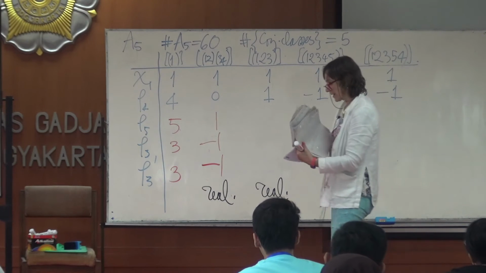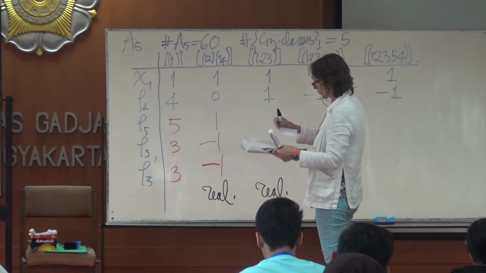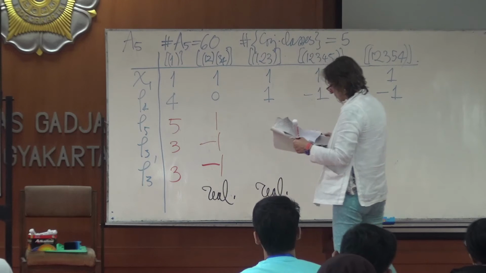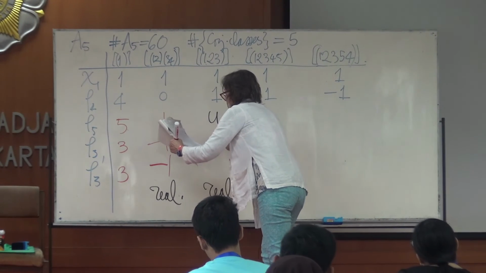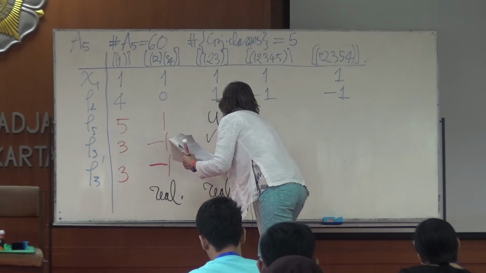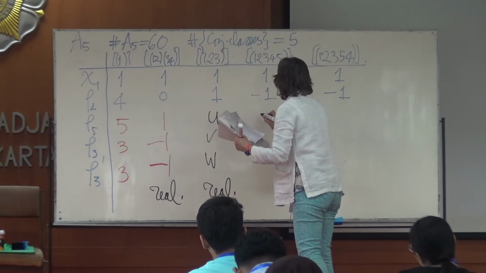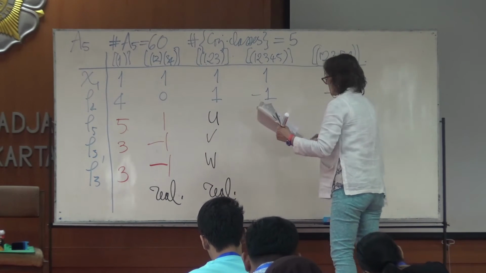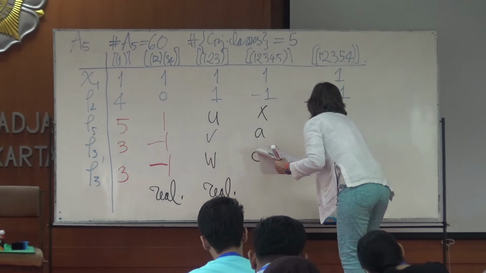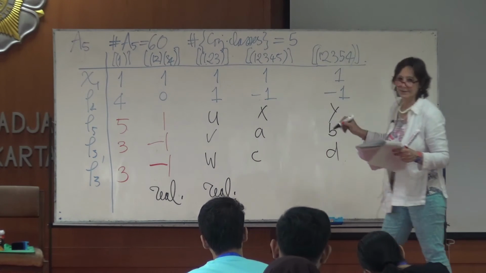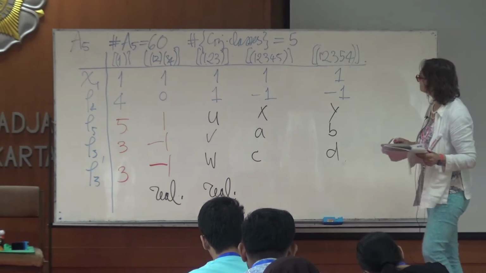Let's give a name to the other entries that we need to determine. So the remaining ones that we want to find are U, V, W. Here we have X, Y, A, B, C, and D. No, we have to find the other ones.